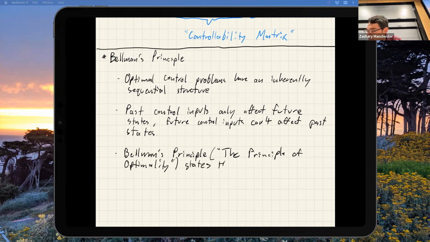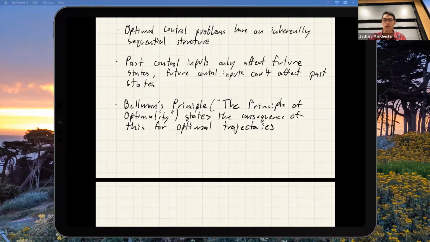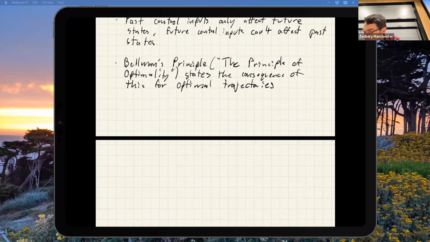I'm going to draw a picture. So if I were to solve a trajectory optimization problem, like the LQR problem we just saw, and get a solution for a certain time horizon.